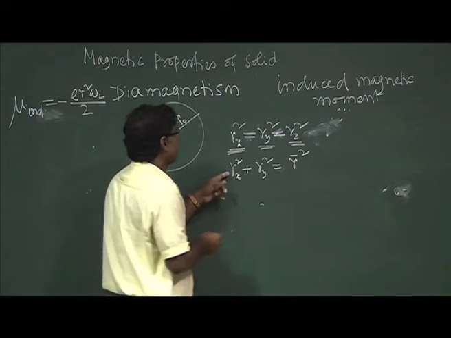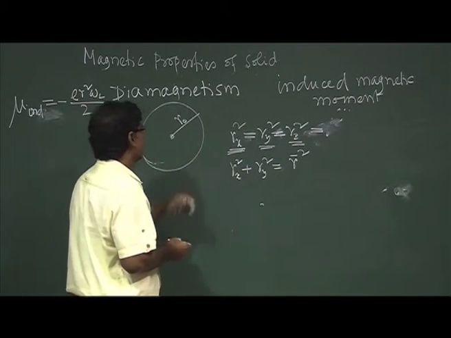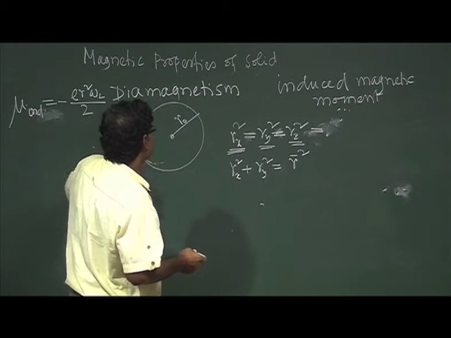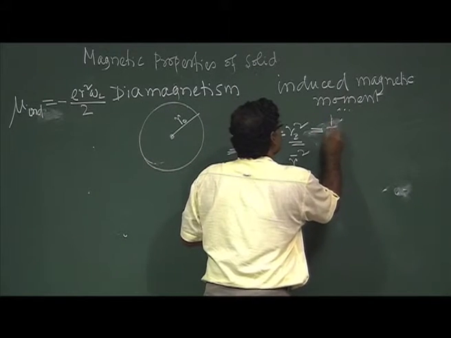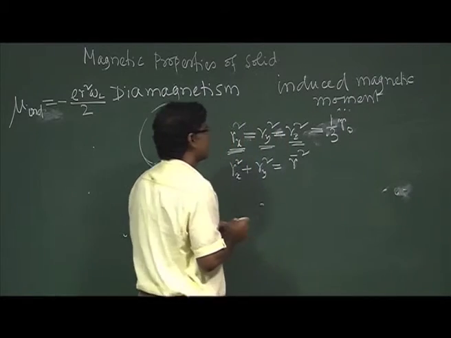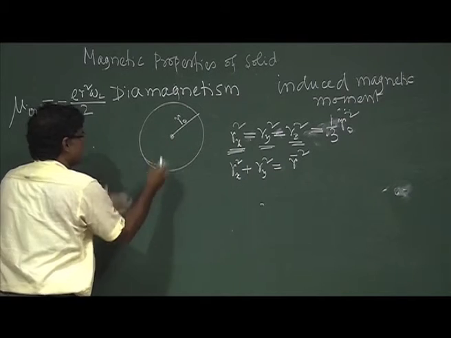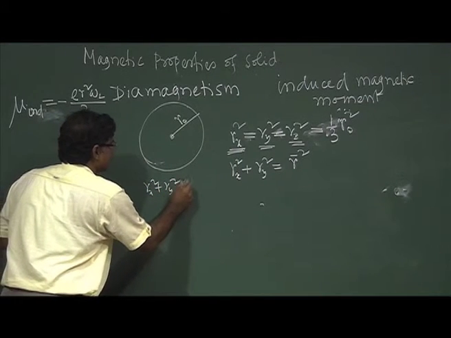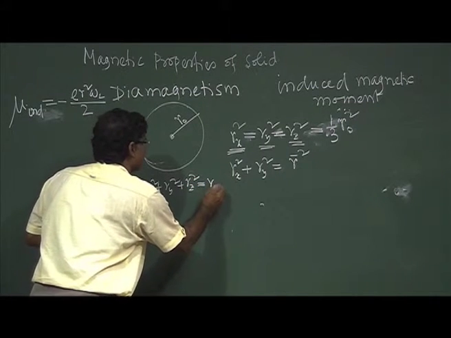If the radius of this atom is r0, then we can take it as 1/3 of r0 square, because Rx square plus Ry square plus Rz square equals r0 square.